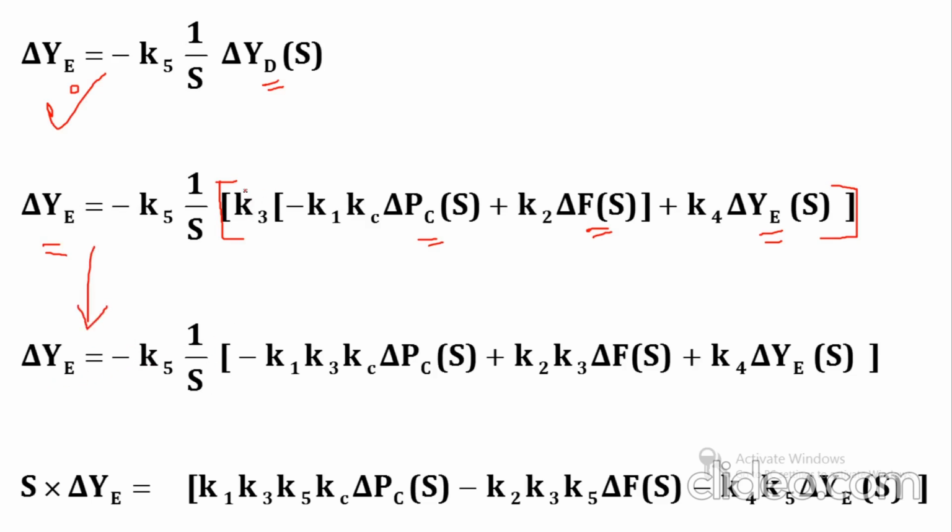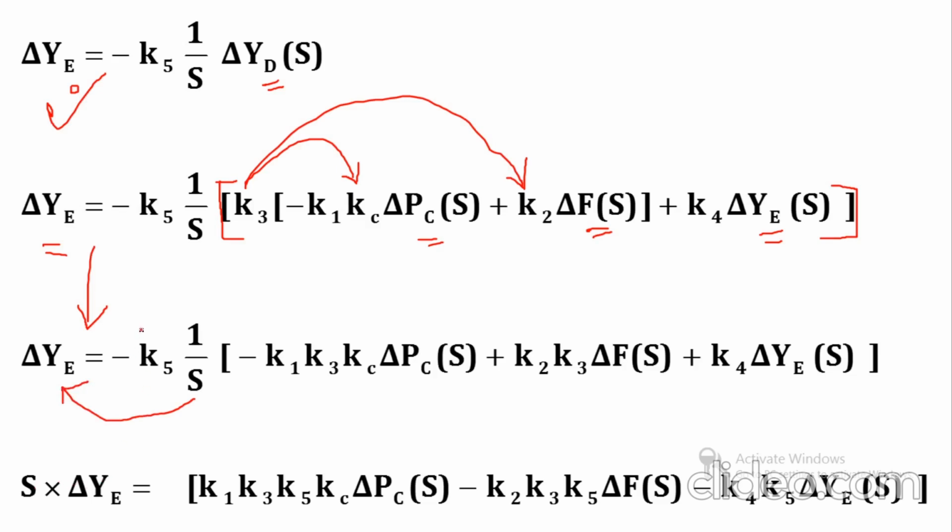So first I will multiply the k3 with the bracket. So the equation becomes minus k1 k3 kc delta pc of s plus k2 k3 into delta f of s plus k4 into delta ye of s. So next I will multiply s with delta ye. So over here s into delta ye.